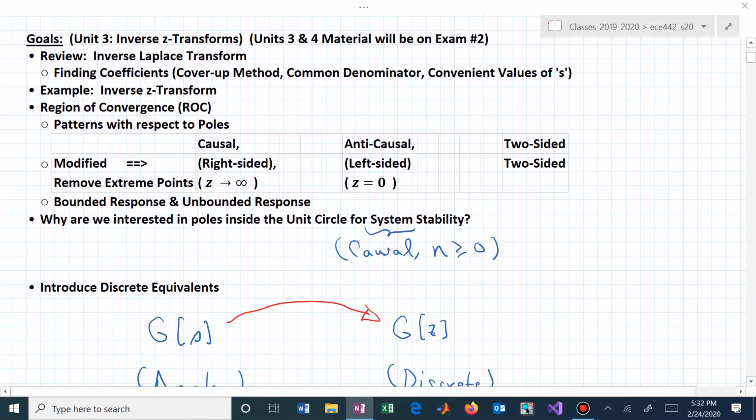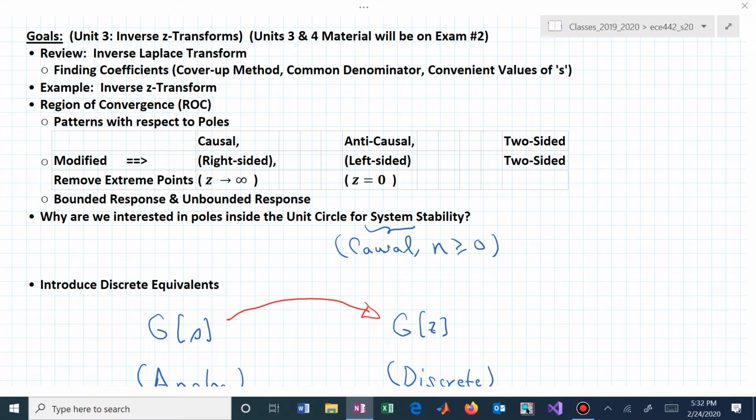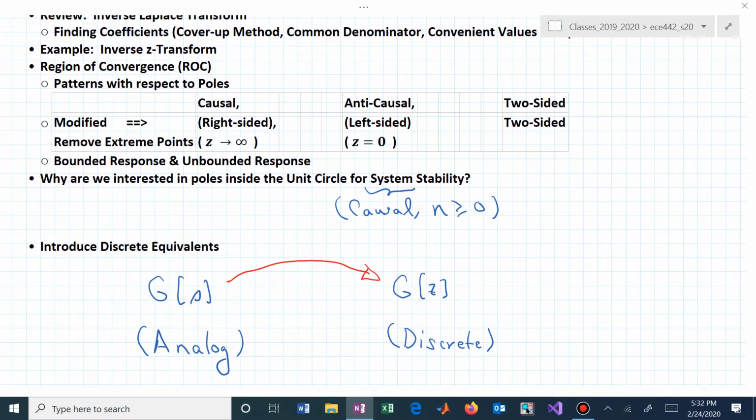What we will do today is we will review or recap or reintroduce inverse Laplace transforms, just so that we start to feel comfortable that the same kinds of processing steps can be used to obtain the inverse Z transform. And in this case, we also want to make sure that we are connecting the transform together with the appropriate region of convergence.